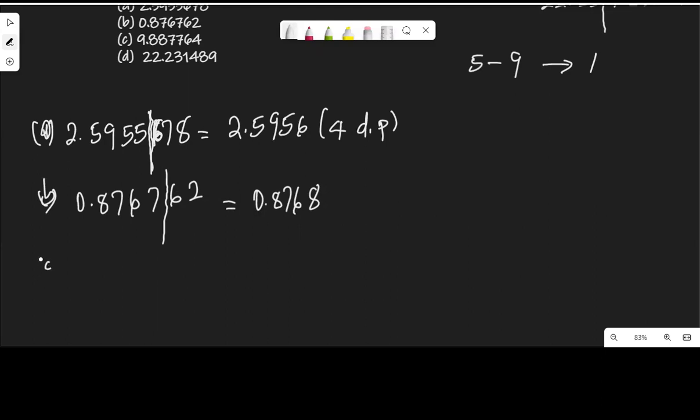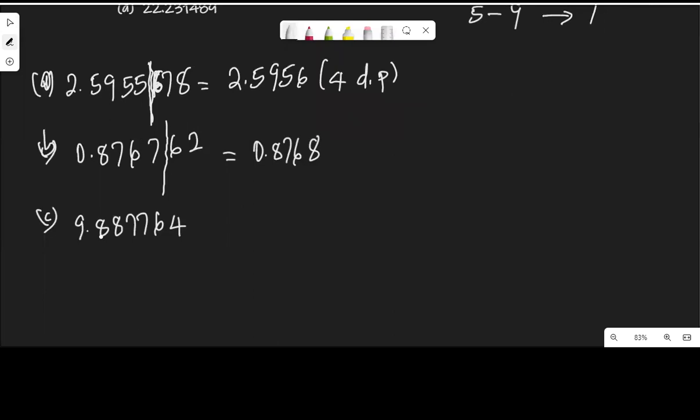Let's move to C. C is 9.887764. Want to round it to 4 decimal places. So let's locate the position of 4 decimal places. 1, 2, 3, and 4.